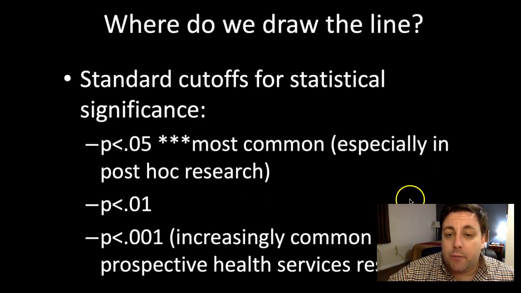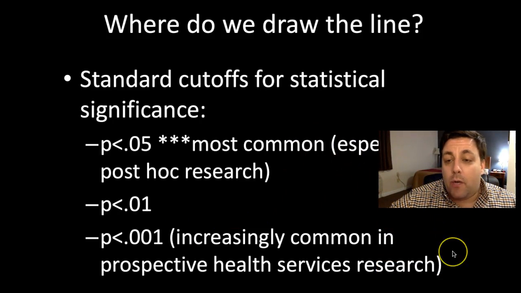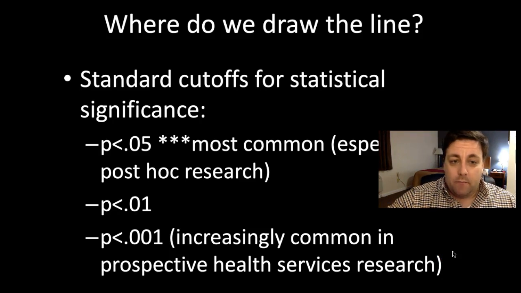And increasingly, sometimes we see calls for 0.001, and that simply means that we're willing to tolerate a tenth of 1% chance that our results are due to coincidence.